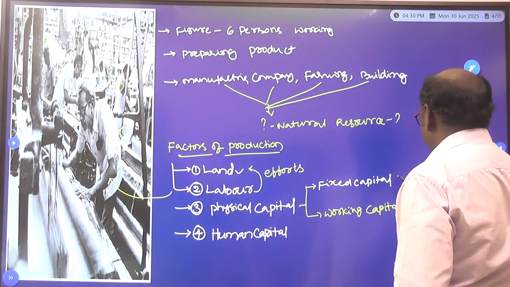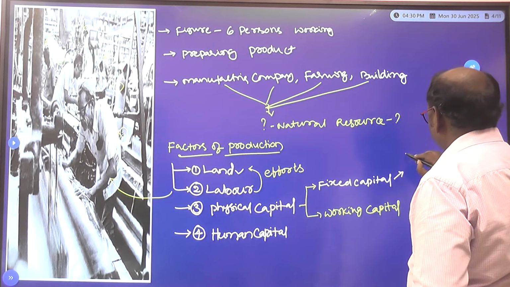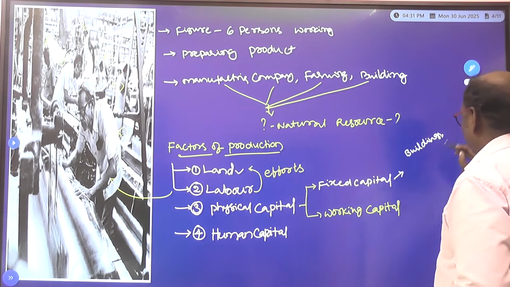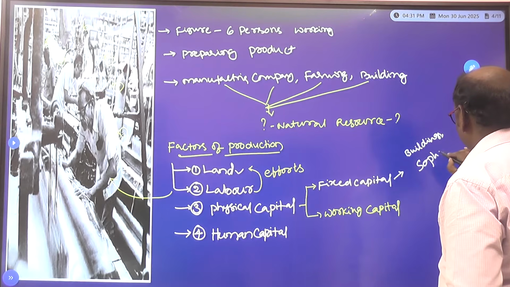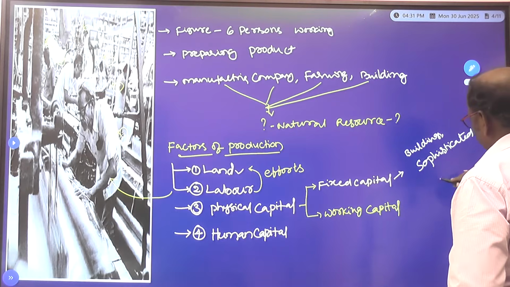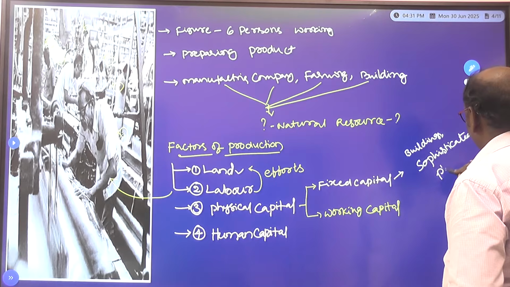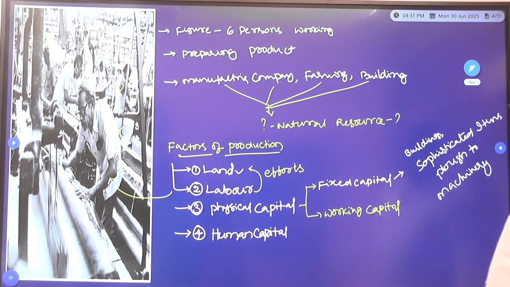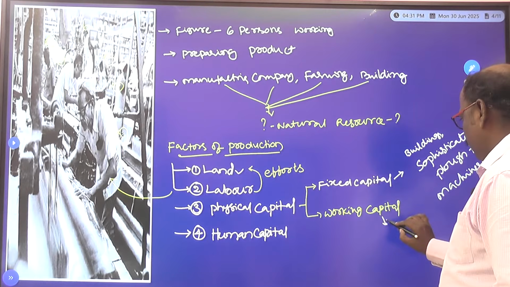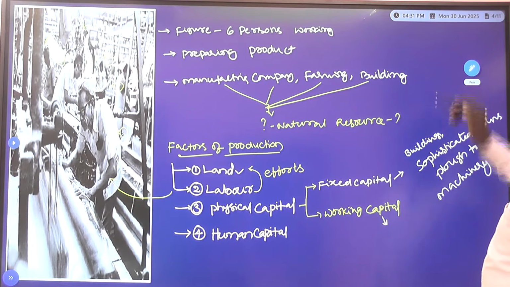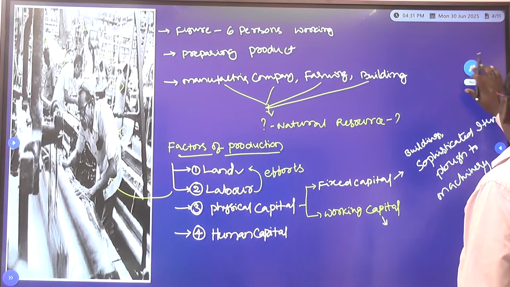Fixed capital means they have buildings and some sophisticated items, up to machinery levels. Next, we need to have working capital. Working capital means, for example, there is a potter. There is a potter.